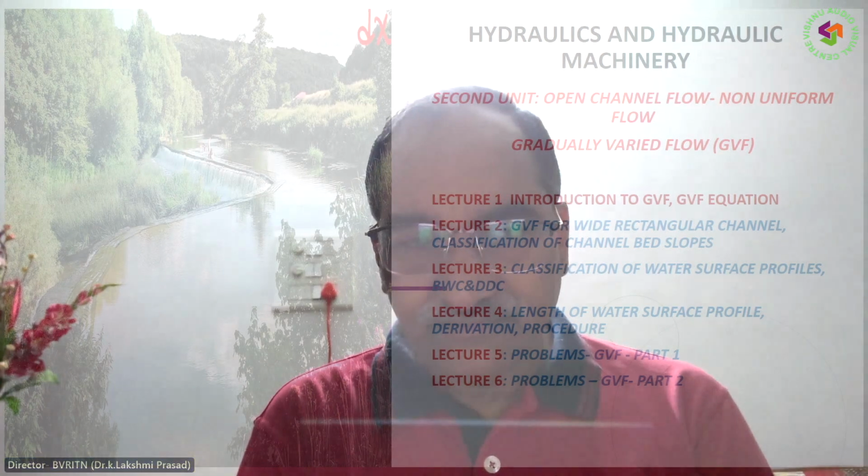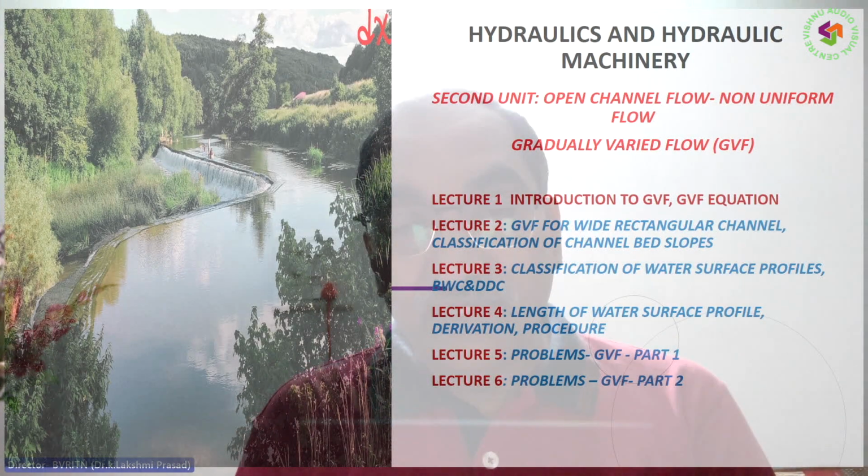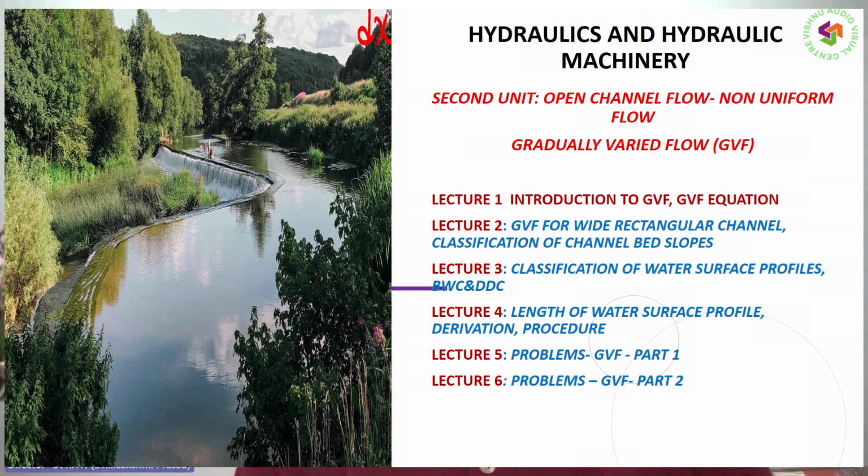That is dy by dx is equal to S0 minus SF divided by 1 minus Q square T by g A cube. This is what we have studied. This Q square T by g A cube is nothing but Froude number square.